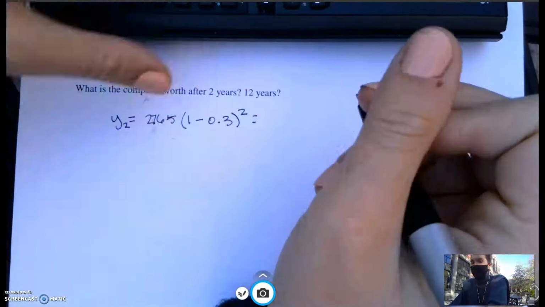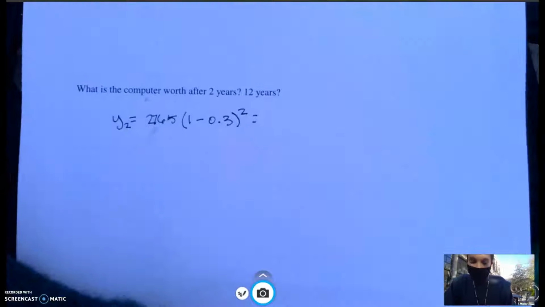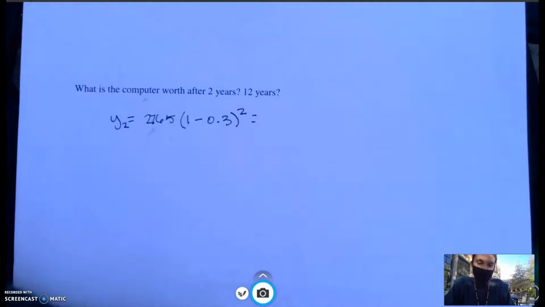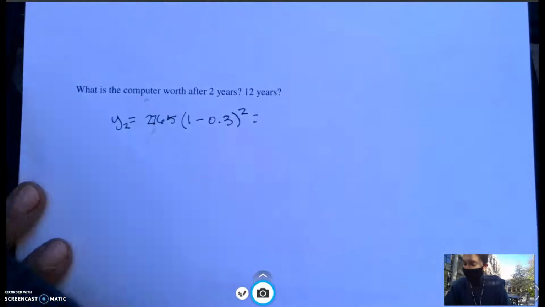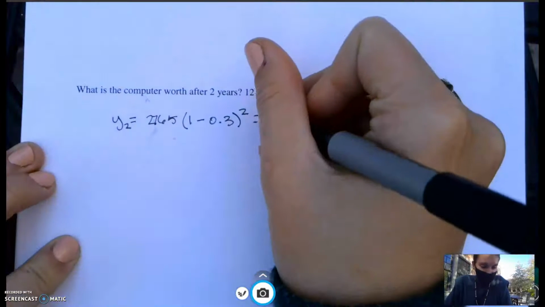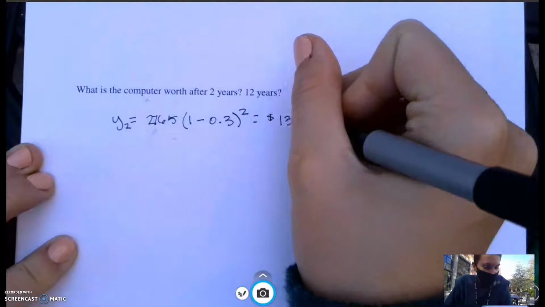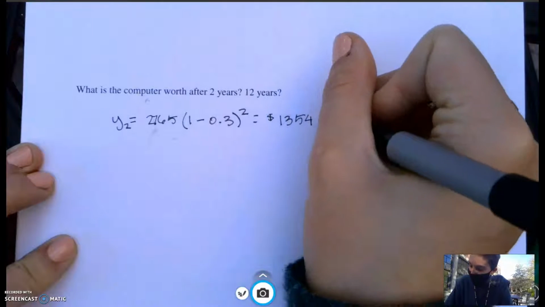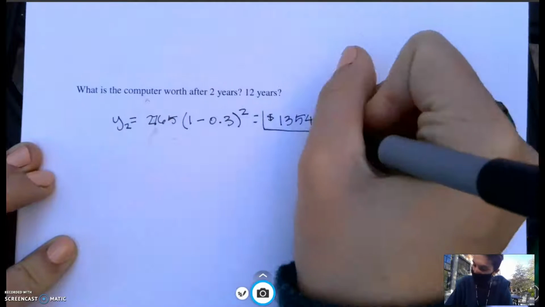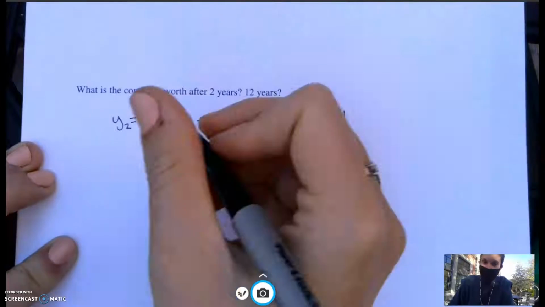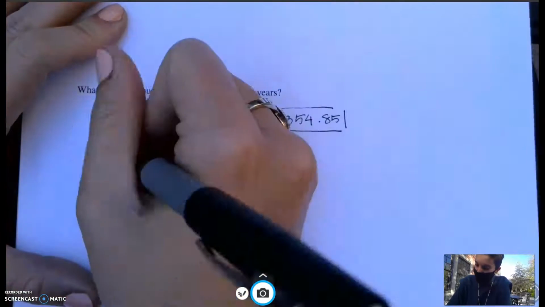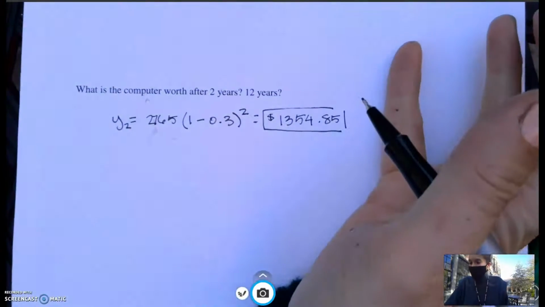So we should get, all we have to do now, plug into our calculator, 2765 times 0.7 raised to the second power. So after 2 years, our computer is worth a whopping $1,354.85.